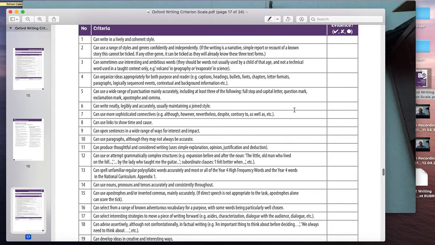So there's 2 elements to that. One is you making your teacher judgment. You must use the criterion scale for your class. But the other element is the diagnostic part that helps you to know what to cover with the child, and you may want to go back.